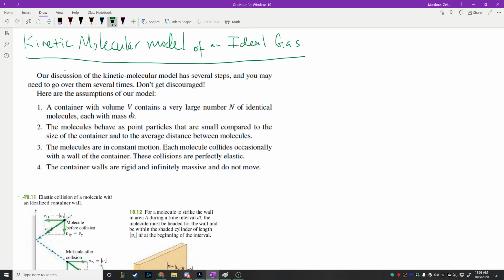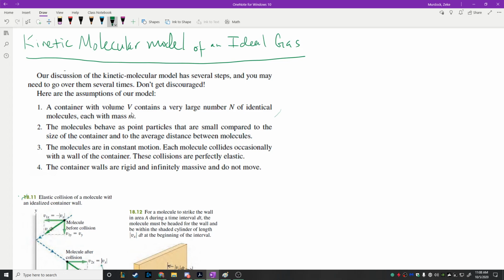We're going to say that we have a container with a volume V. It contains a very large number, on the order of a mole, of identical molecules, each with mass m. So we're only talking about a vessel that only contains oxygen, or only contains hydrogen, right?